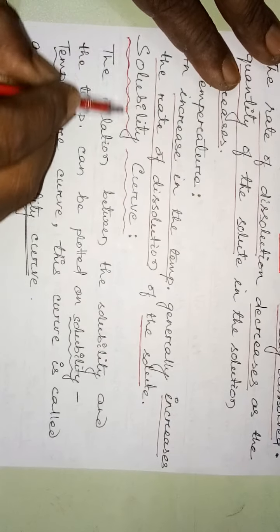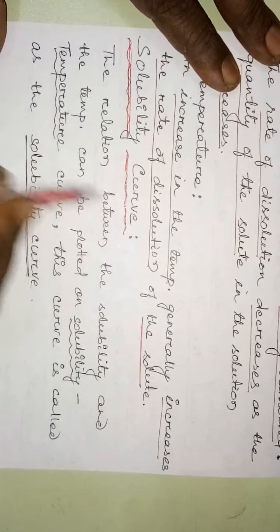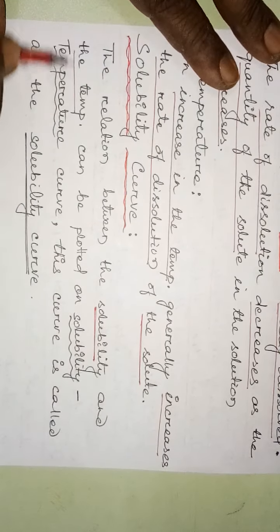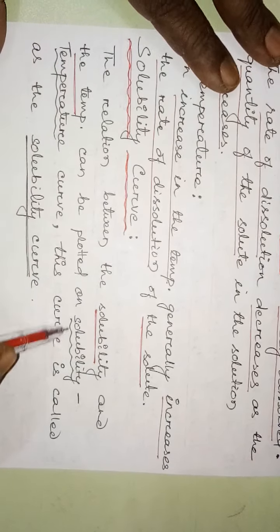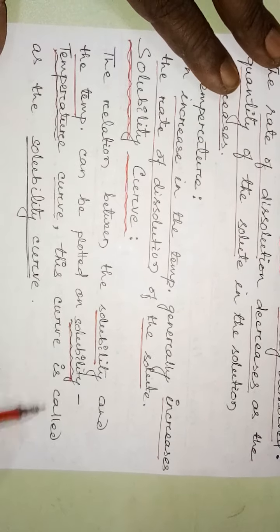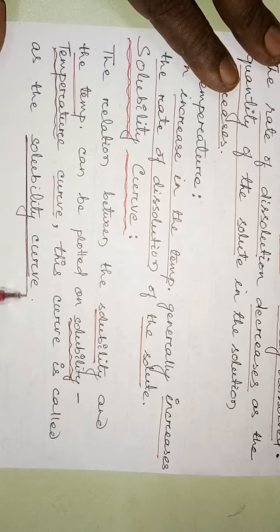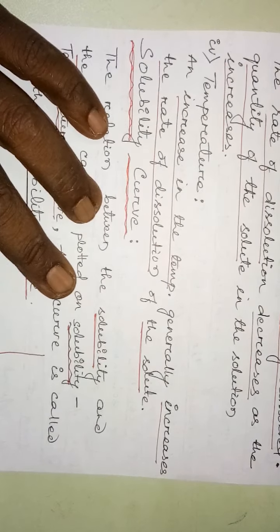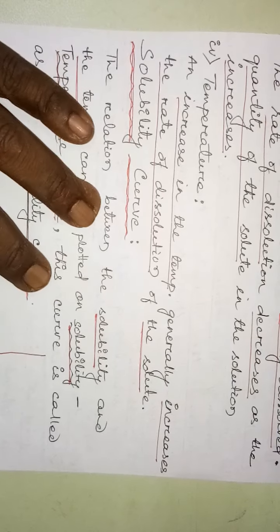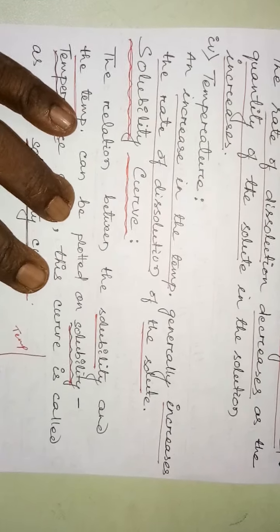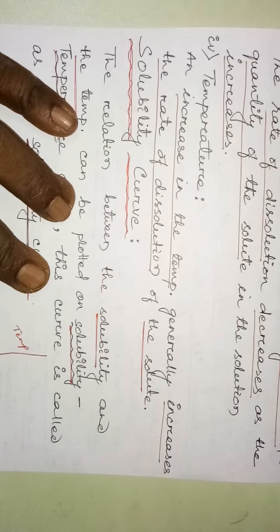What is solubility curve? Okay, the relation between the solubility and the temperature can be plotted, which is called the solubility temperature curve, and this curve is called the solubility curve. So in a graph, suppose this is a graph, you are taking temperature on this side, and on this side the solutes.